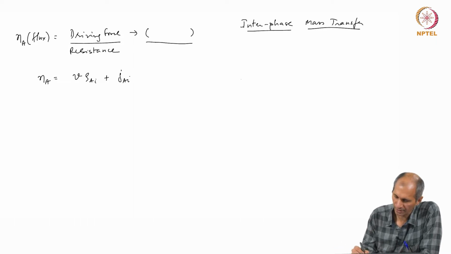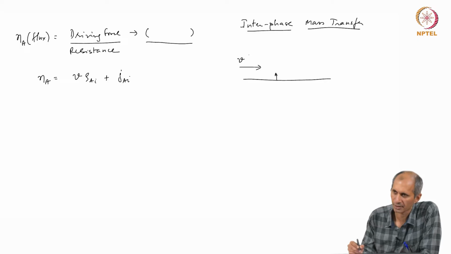So at the surface, the interface we are looking at, material has to go in this direction. There is a fluid that is moving in this direction, the velocity is in this direction, but interface mass transfer occurs in this direction.